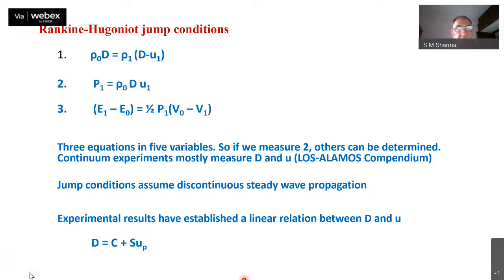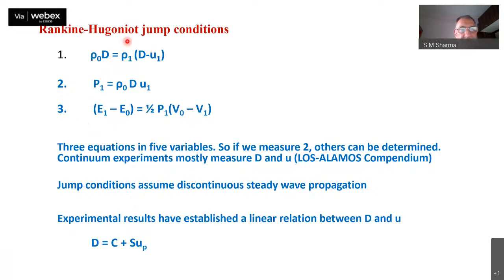Now, these three equations obtained by conservation laws have five variables. It has D, which is shock velocity, density rho 1, then p1, and e1.